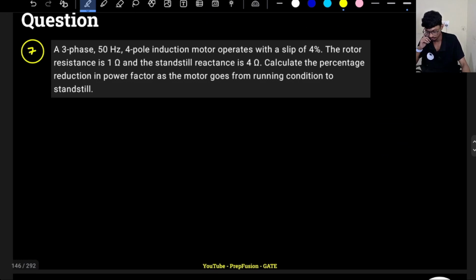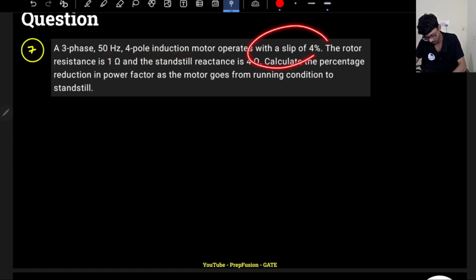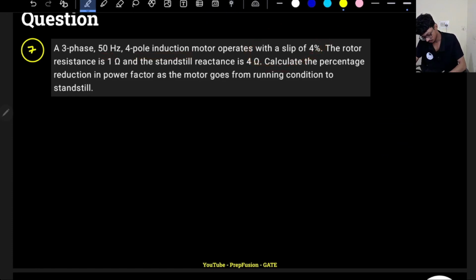Here, a 3-phase, 50 hertz, 4-pole induction motor operates with a slip of 4%, so it is 0.04 basically. It is a 4-pole machine and the frequency is 50 hertz.